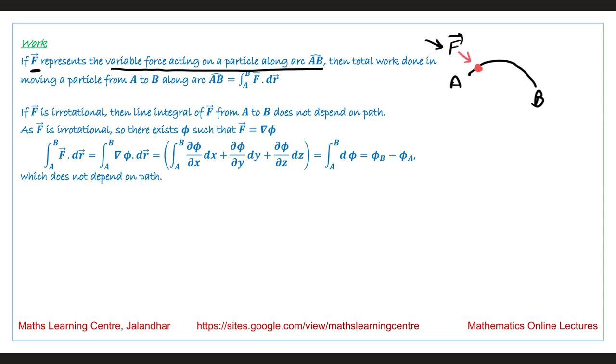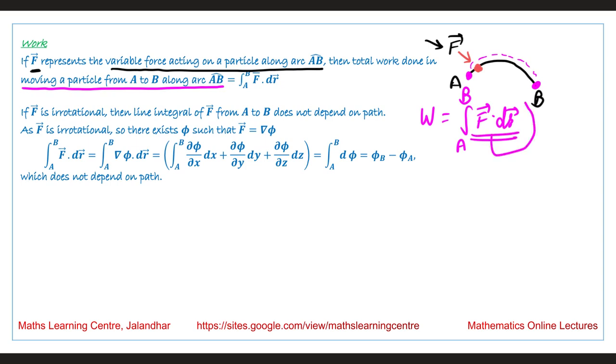So the work done in moving a particle from A to B along this arc, the particle has started from here, the force is being applied and it reaches the point B, then the total work done is given by integration A to B f vector dot dr vector. That is, this is a line integral along this arc.